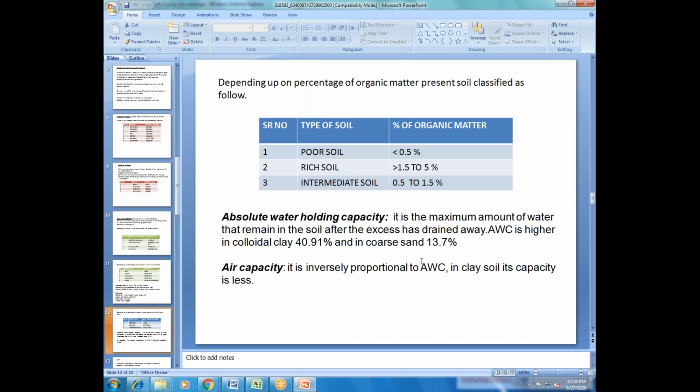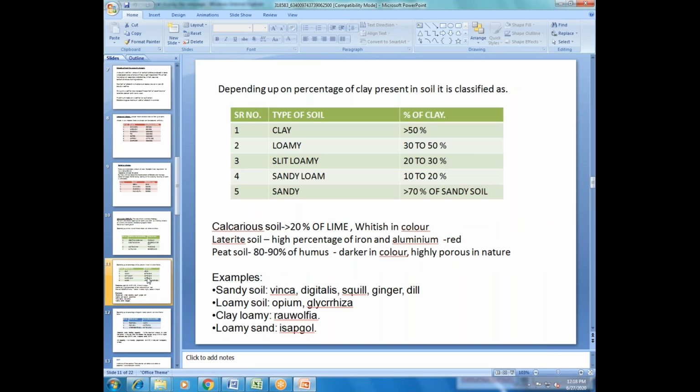Whereas sand is porous in nature, so air can penetrate into it. In sandy loamy soil also the air capacity will be good, and in silt loamy soil too, to an extent, it will be good.